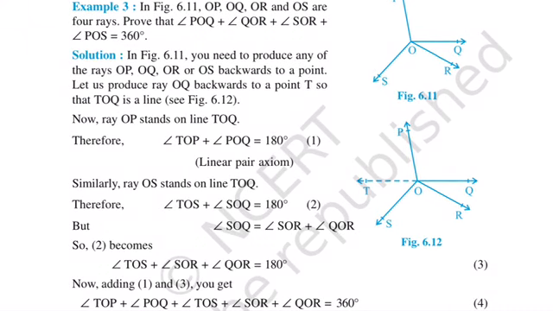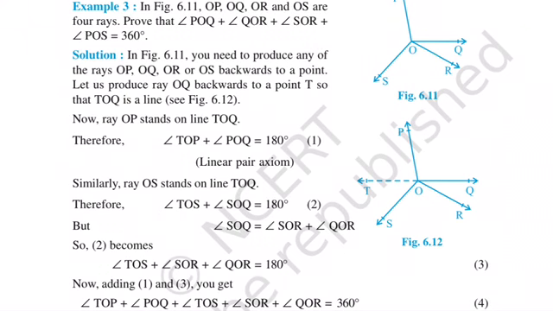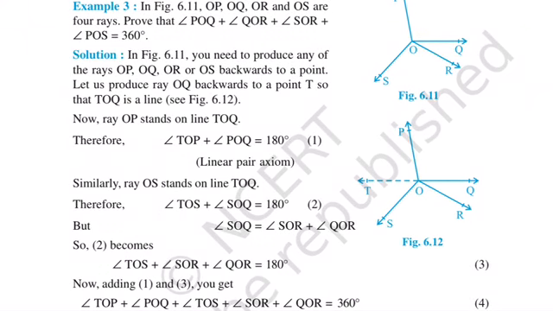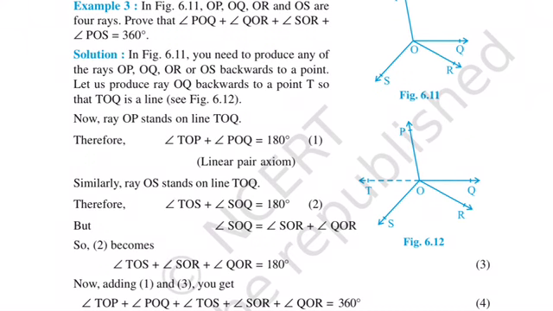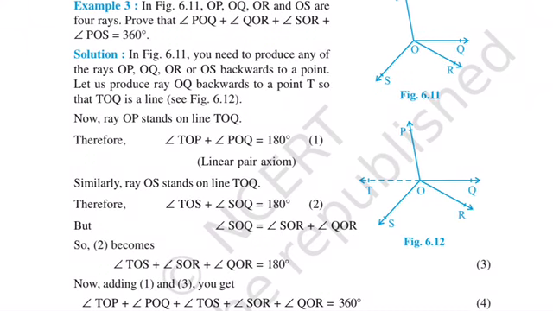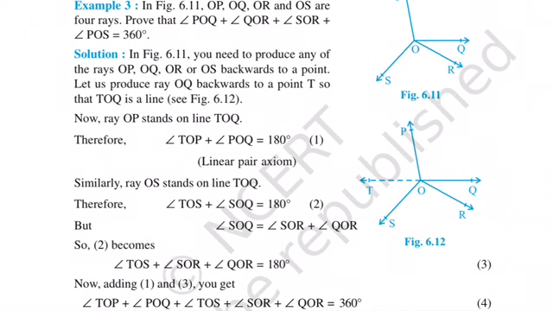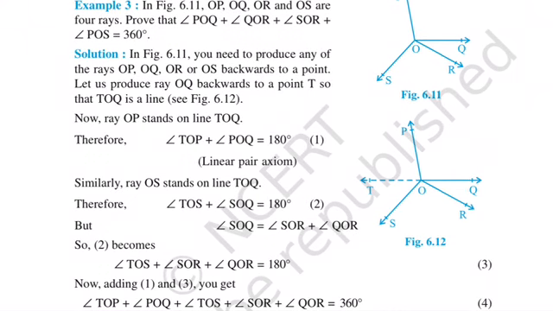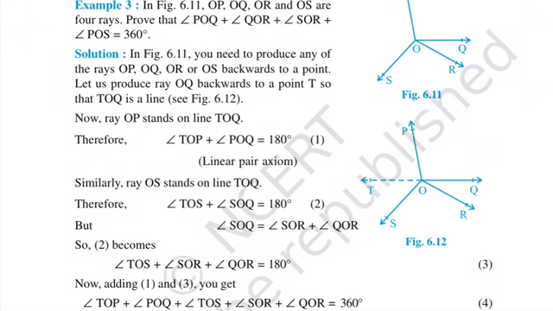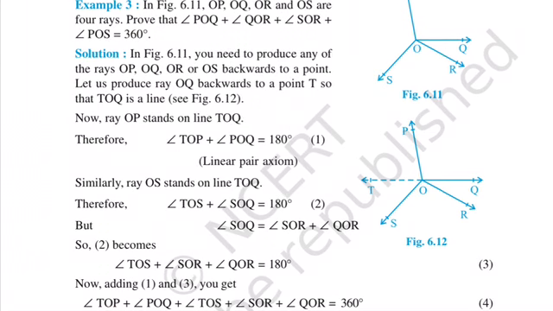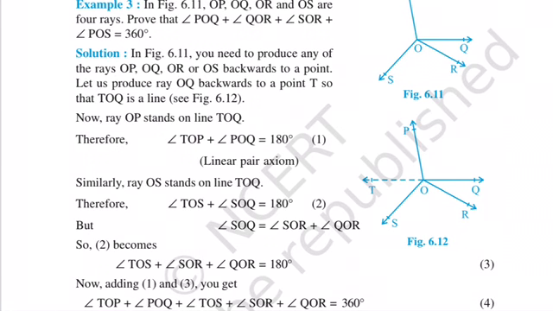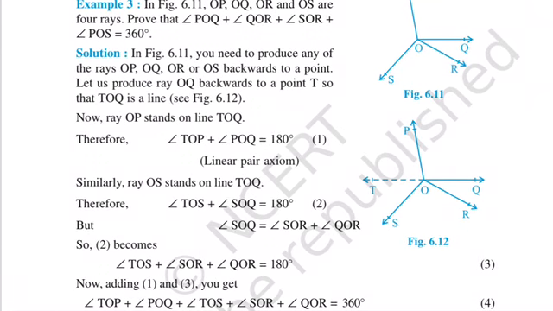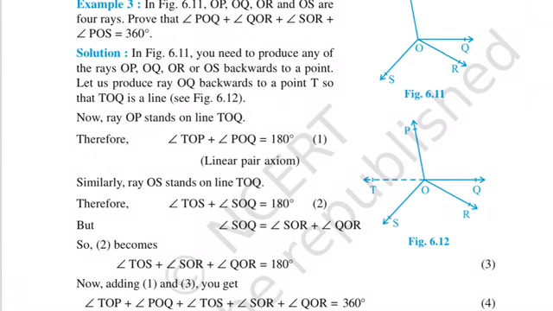So in our equation number 2, we are going to write angle TOS plus, in place of angle SOQ, angle SOR plus angle QOR is equal to 180 degrees. Now we have equation 1 and equation 2. This last equation is known as equation number 3.